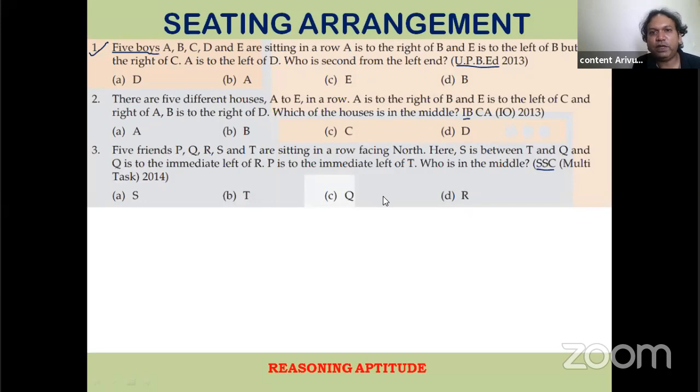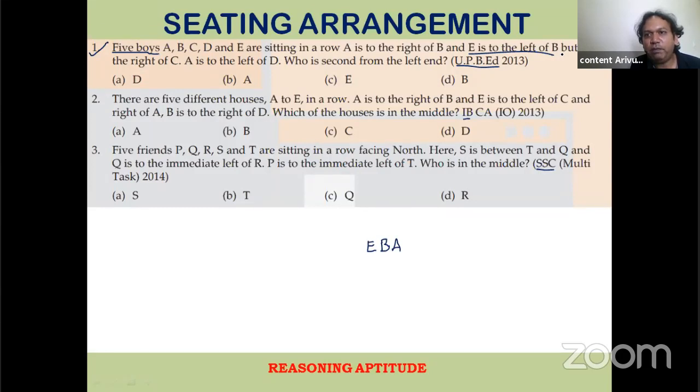A is to the right of B. So let me show you how to solve the first question for those who have not done. So A is to the right of B. So let's keep B here. A is to the right of B, and E is to the left of B. So we get this EBA.